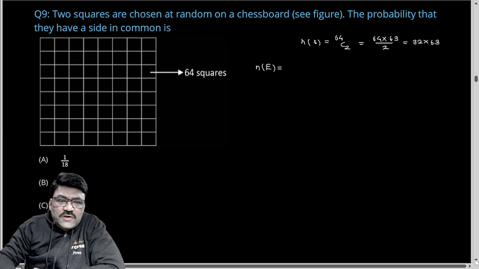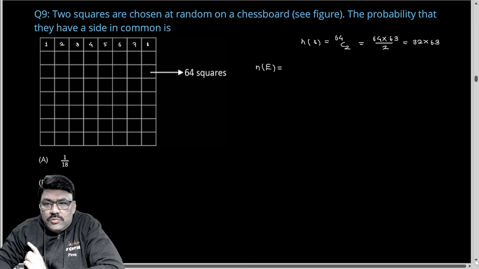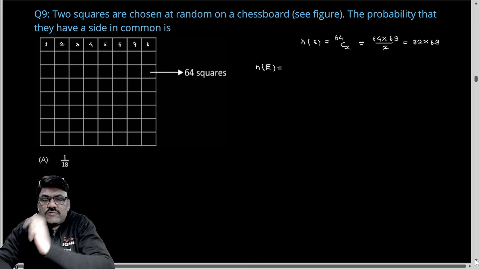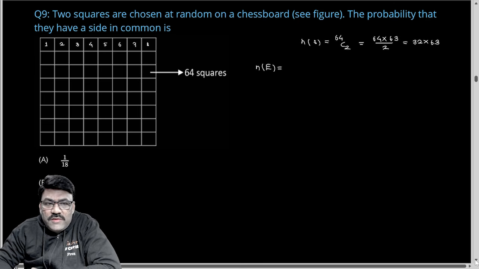So from the first row, let me call them first, second, third, fourth, fifth, sixth, seventh, eighth. If I'm selecting 2 squares from the first row, they will have a common side only when they are adjacent. Means either 1 2 or 2 3 or 3 4 or 4 5 or 5 6 or 6 7 or 7 8.